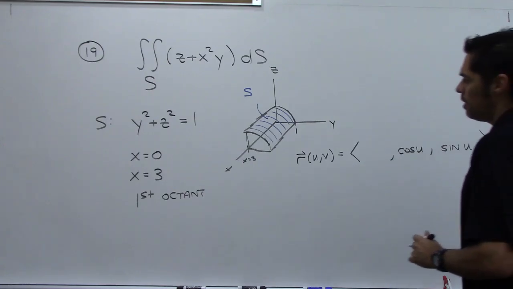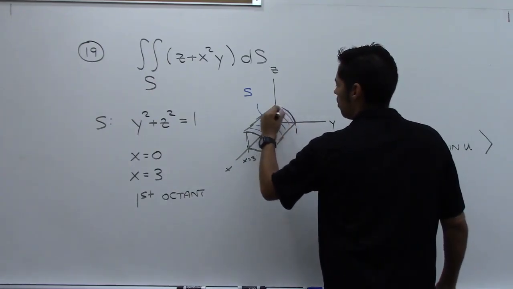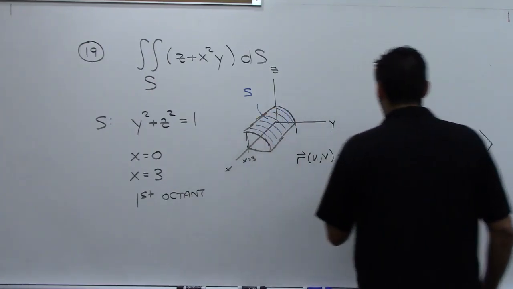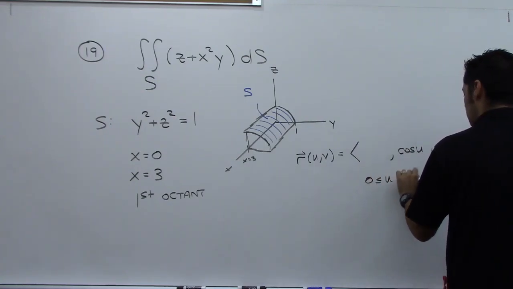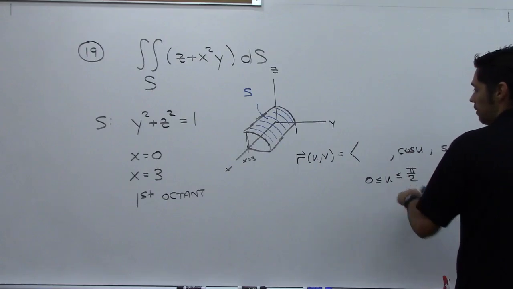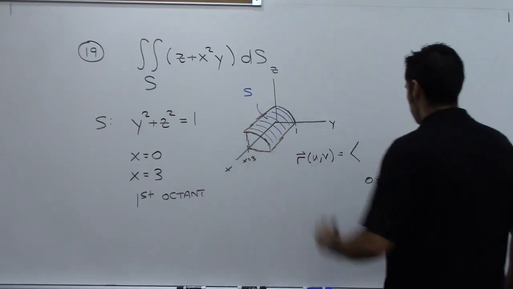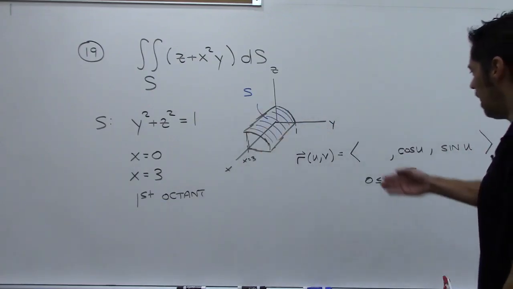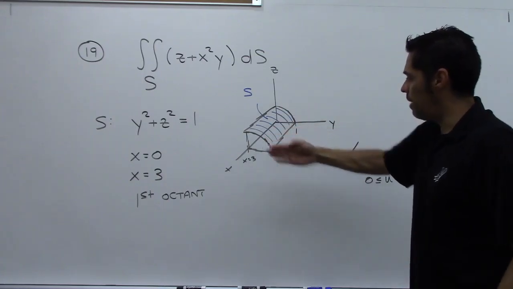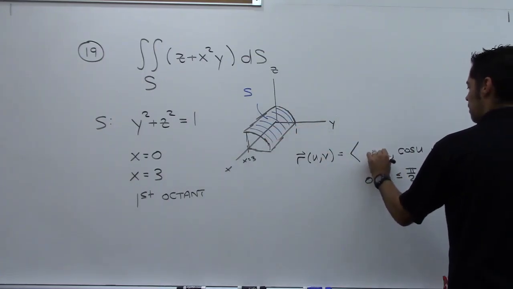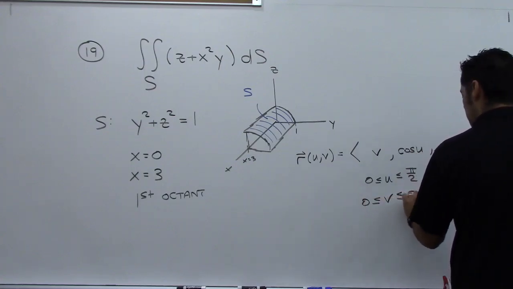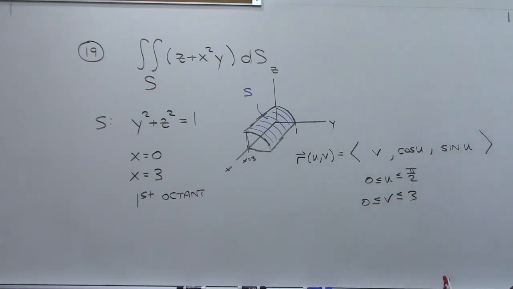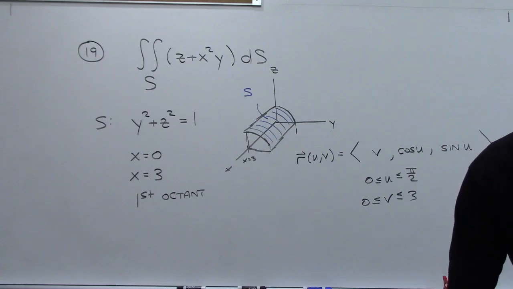I only want to draw these quarter circles, so I want my u to be bounded between 0 and pi over 2 instead of 2 pi, which would draw me all the way around. And then my x-coordinate, I want to start at 0 and come out to 3, so I'm going to let this be v, and let v be between 0 and 3. And that should draw me what I need.